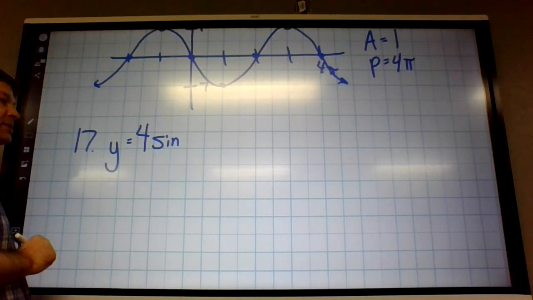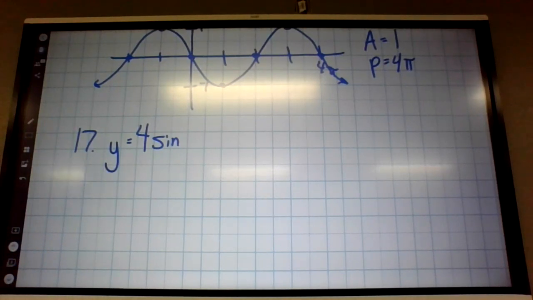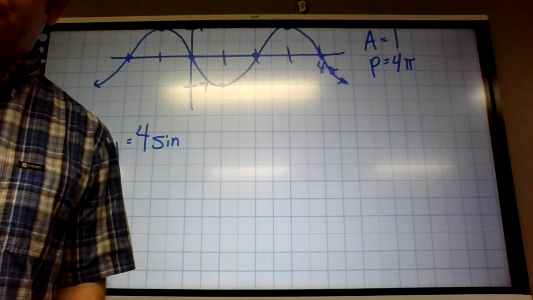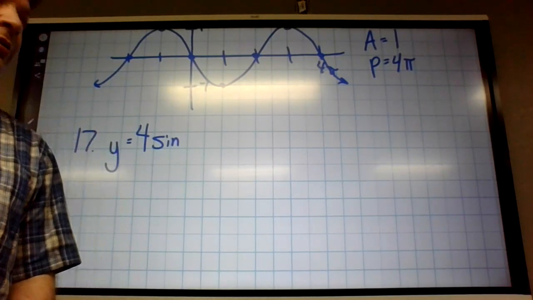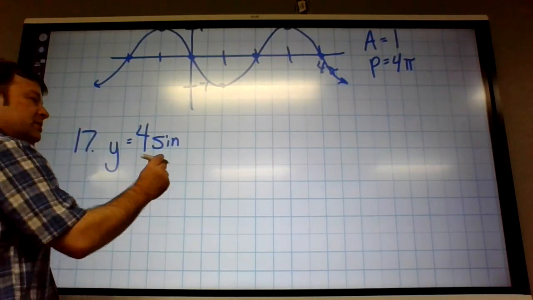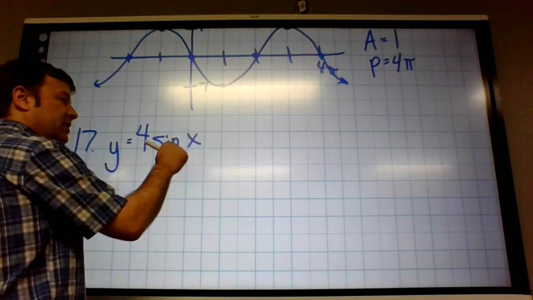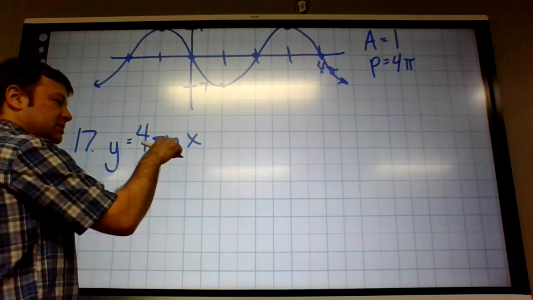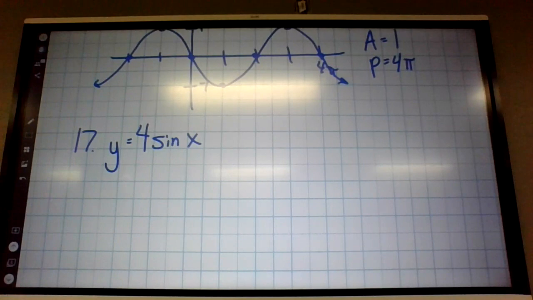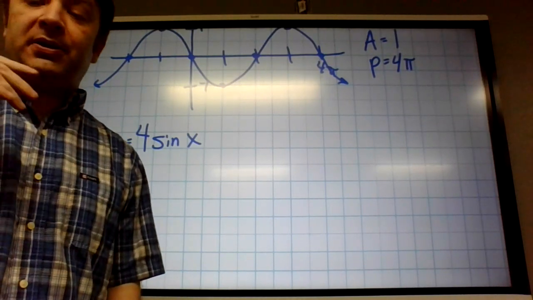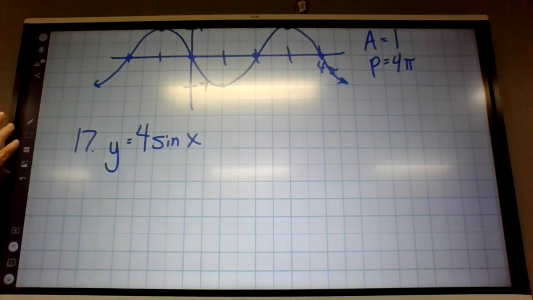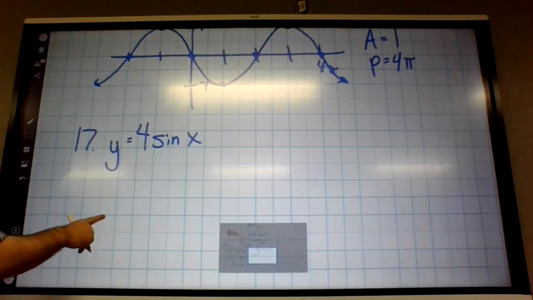The amplitude does. Okay, what is the period? 2 pi, which is a normal period. So that means I don't need to put anything in front of the x. Okay, and it's not upside down or anything, so I don't have to worry about negative. That is the answer to 17.